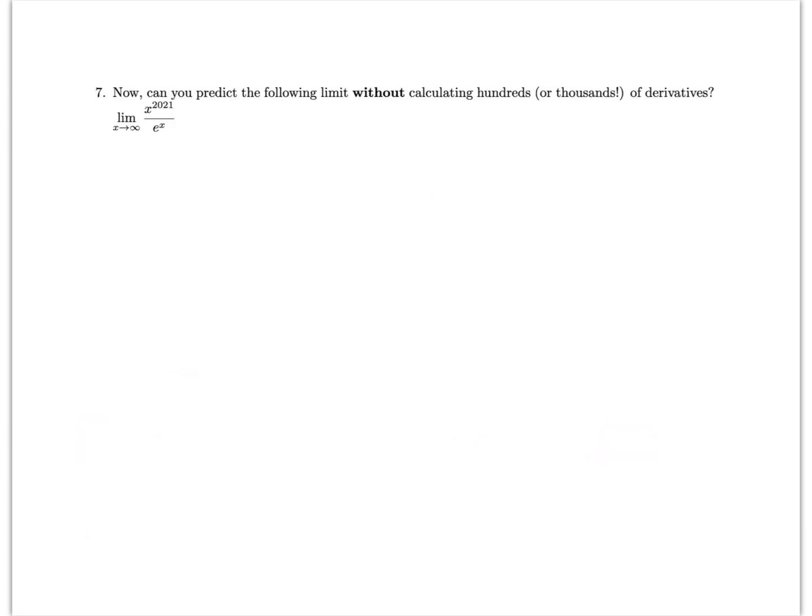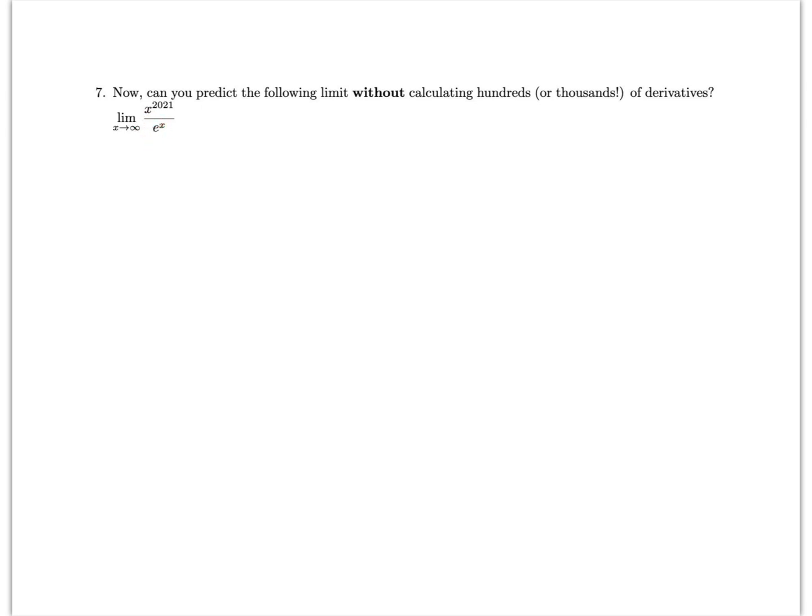Okay, so now can you predict the following limit without calculating hundreds or thousands of derivatives? So I have x to the 2021 over e to the x. The limit as x goes to infinity. Right now it goes to infinity over infinity. I could apply L'Hopital's rule over 2,000 times, but eventually the derivative of this numerator is going to be a constant.